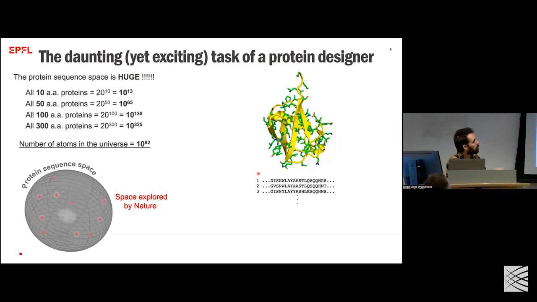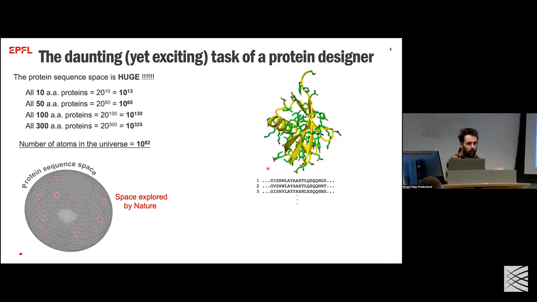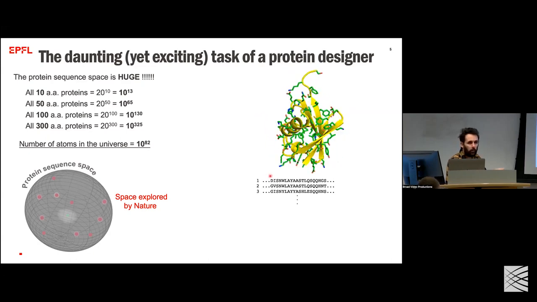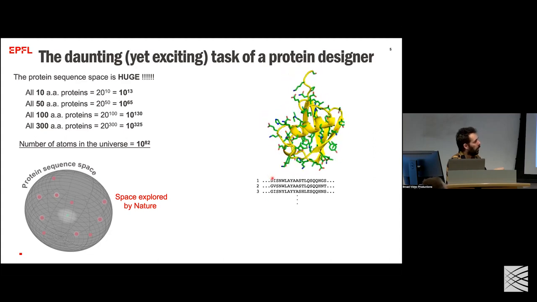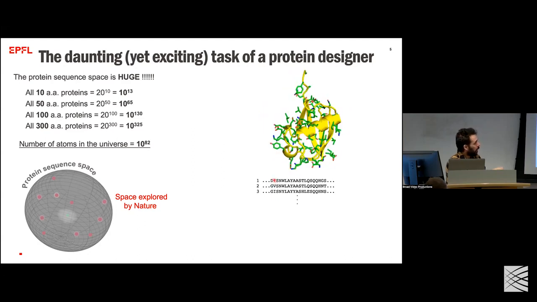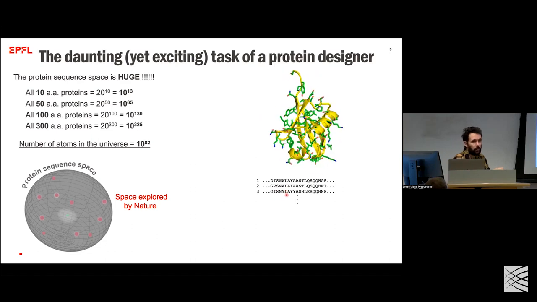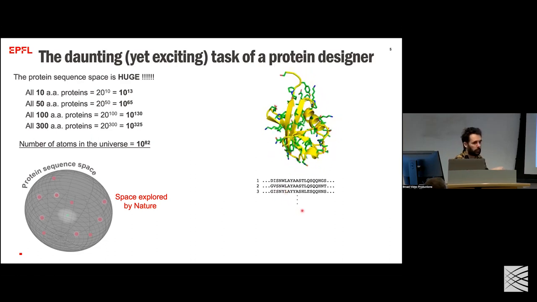When this movie was generated, it used a Rosetta Monte Carlo algorithm, which would model explicitly every side chain and ultimately spit out a score to tell you how likely this sequence was to adopt this structure. What you get out of this process is a bunch of sequences which your algorithm predicted would fold into this particular structure.